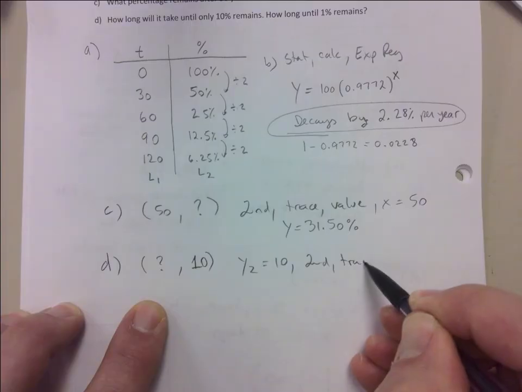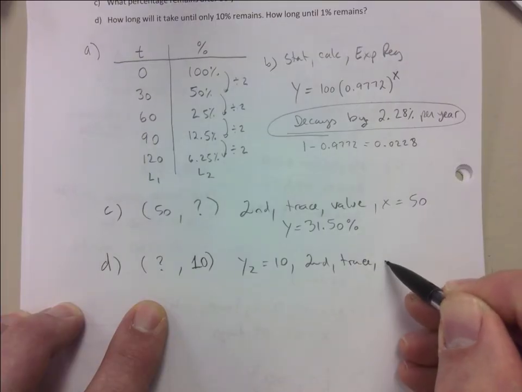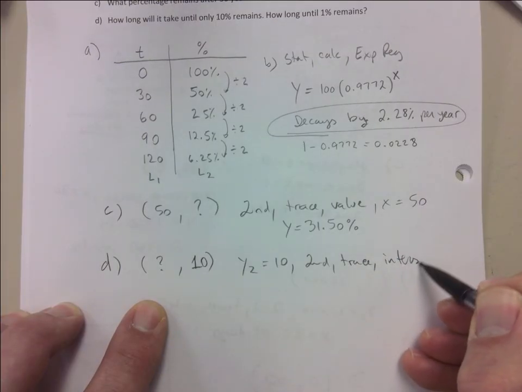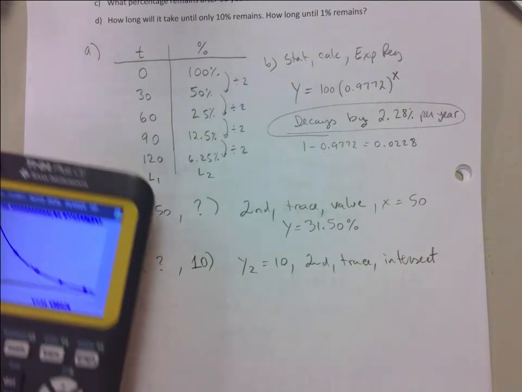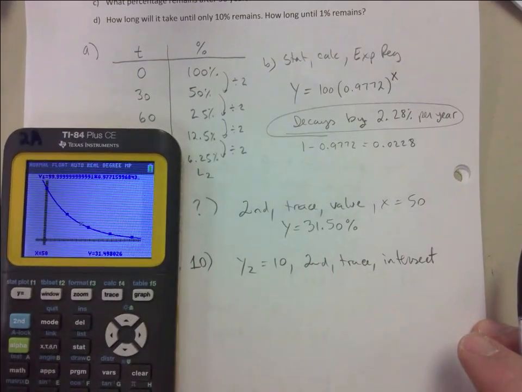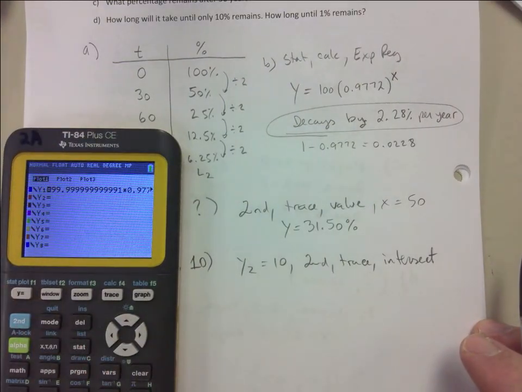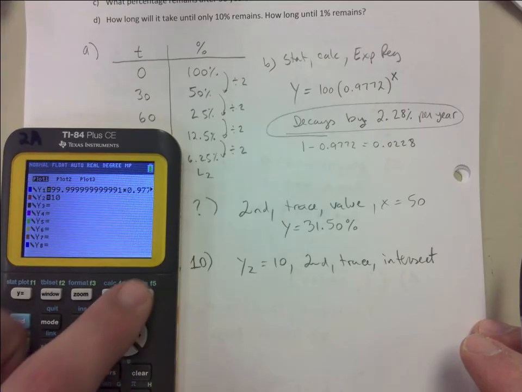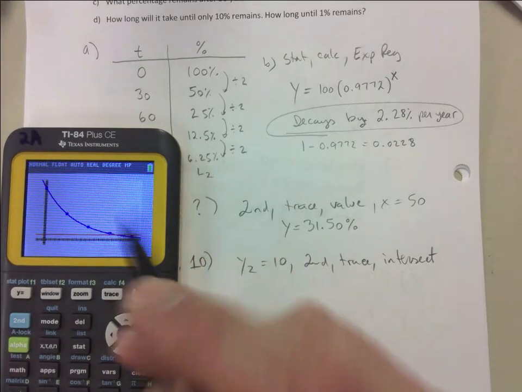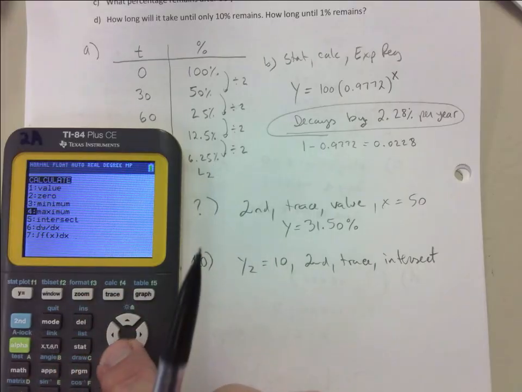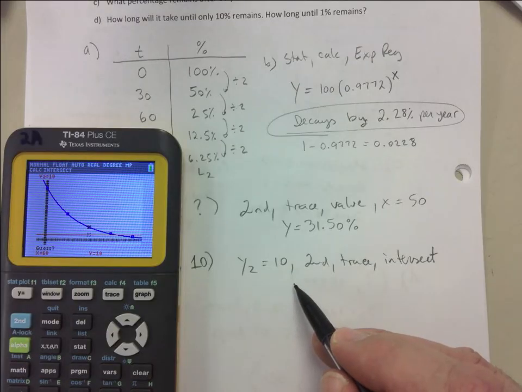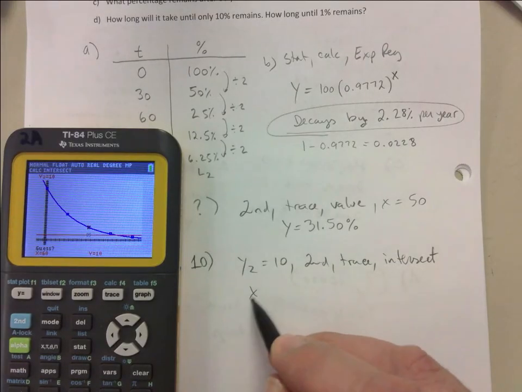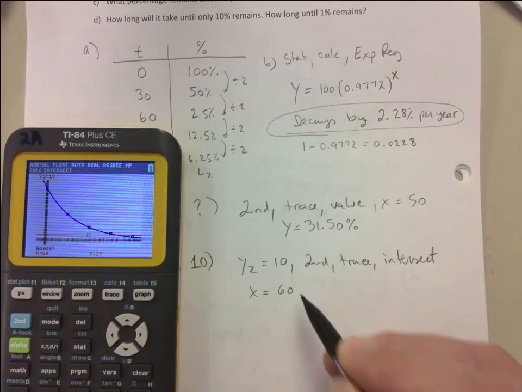Second, trace, intersect. That's part of your work, okay? Telling me the keystrokes. y2 is equal to 10, graph it, it's at that intersection, second trace intersect, enter, enter, enter, and it is 60. X is equal to 60 years.